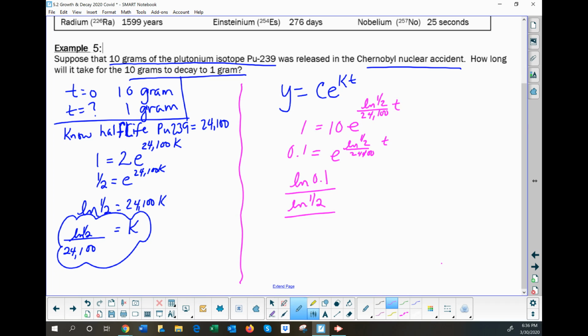But that division by a fraction will become a multiplication of 24,100, right? Dividing by a fraction is like multiplying by its reciprocal, and that gives me my time element. Time turns out to be 80,858.467 years. That plutonium isotope is going to be around for a long time.